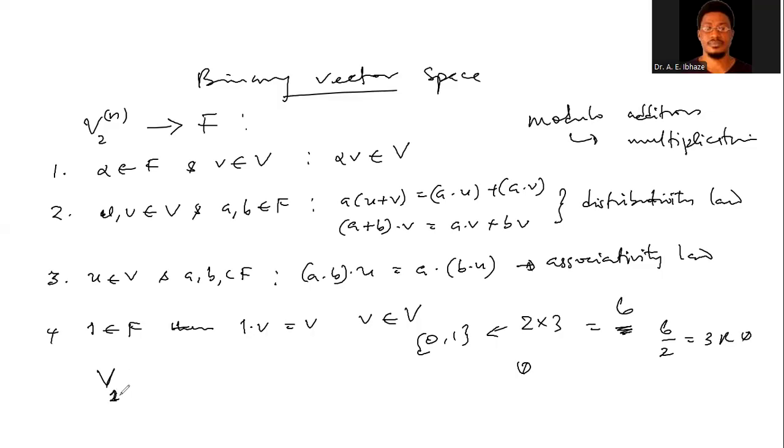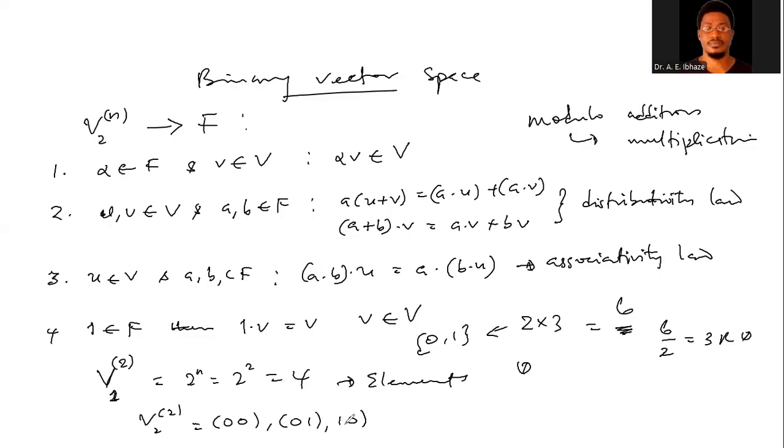Okay. So now, if we have a binary vector space, V sub 2, to denote a binary vector space of length 2, this means 2 to the power of n, which gives us 2 to the power of 2, that is 4 elements. So the binary vector space of length 2 can have the elements 0 0, 0 1, 1 0, and 1 1.